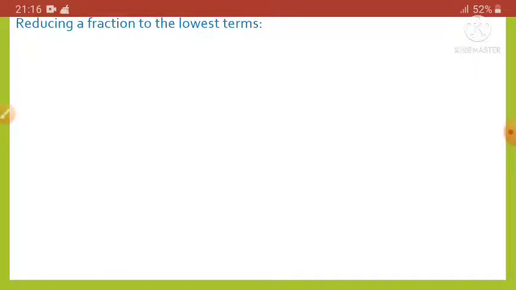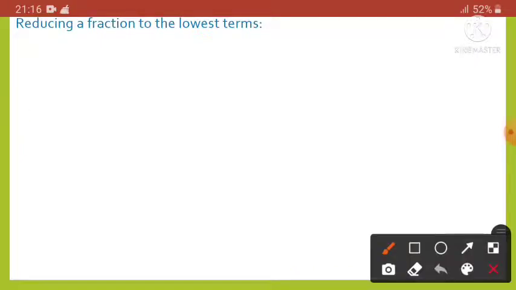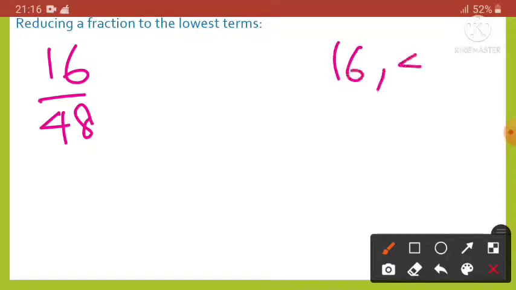Now the second method is simply by finding out the HCF, we can find out the lowest term. Suppose we have to find out the lowest term of 16 by 48 by the HCF method. So at first we have to find out the HCF of 16 and 48. So what will be?